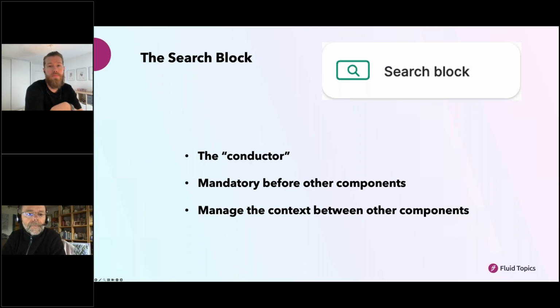When users interact with a component inside the search block, the other components inside the search block are updated automatically. It's synchronized. And I will detail two different use contexts, what can be defined in the search block inside the page or inside the reader.